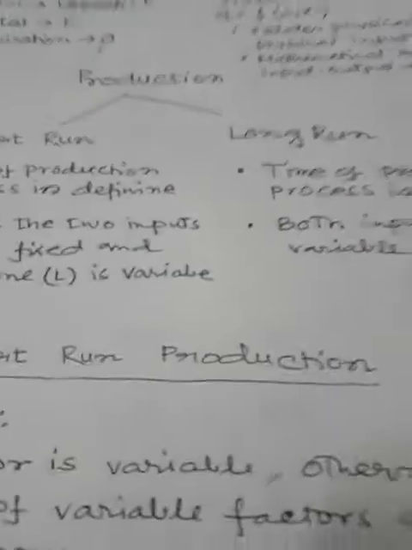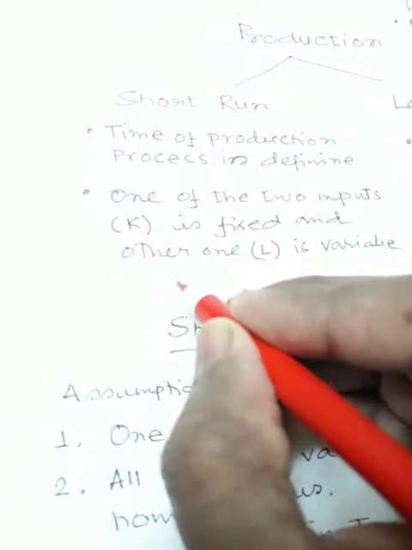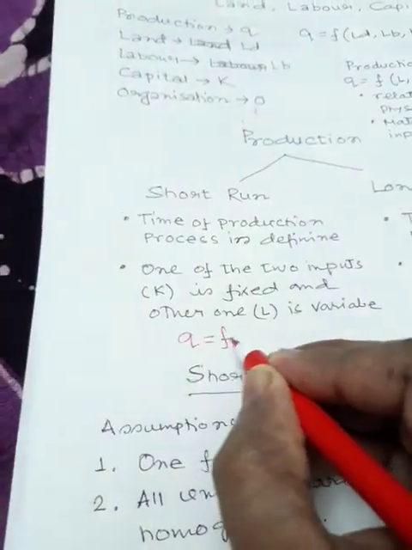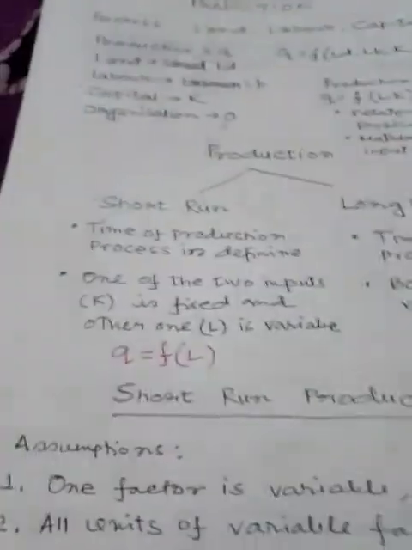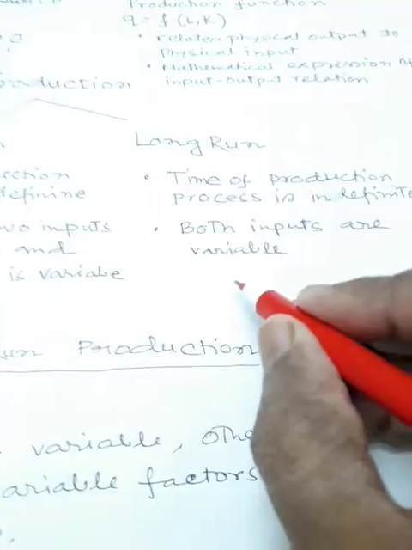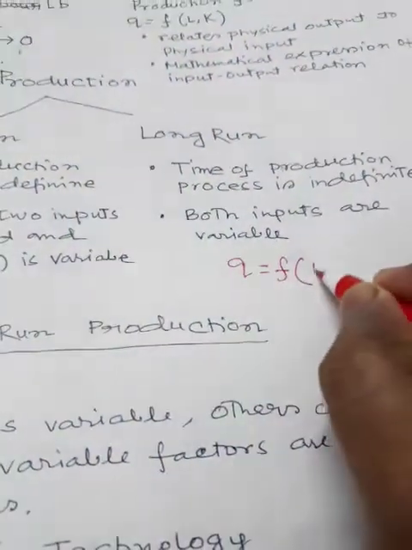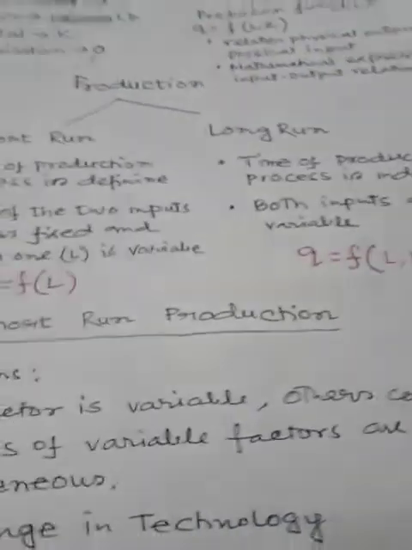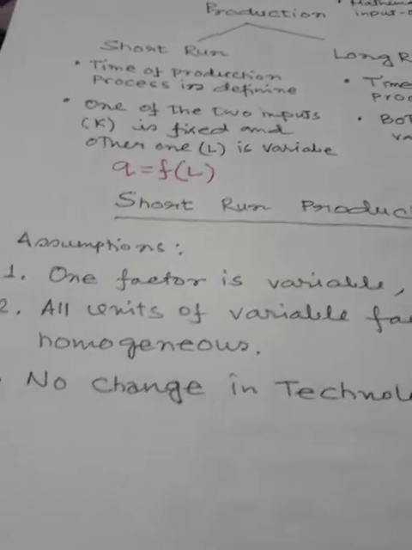This is the main difference between short run and long run. So, in case of short run, the production function is Q equal to function of L, only L, because K is fixed. And in case of long run, the production function is Q equal to function of L and K. These are the things we have already learned in our last class.